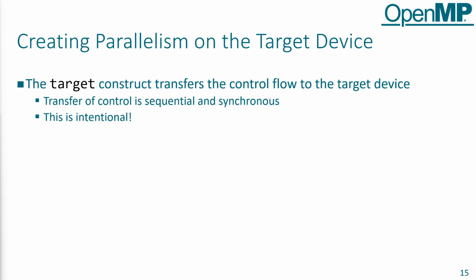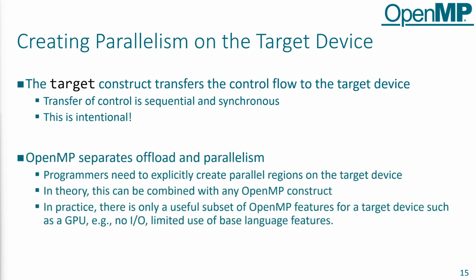We did not make a mistake when we designed it that way, but we had very good reasons to do so. The idea is that we wanted to separate offloading, so controlling data allocation and movement of control between host and GPU, from how parallelism is created on the target device. And the reason for that is simple: we don't have just GPUs in mind.